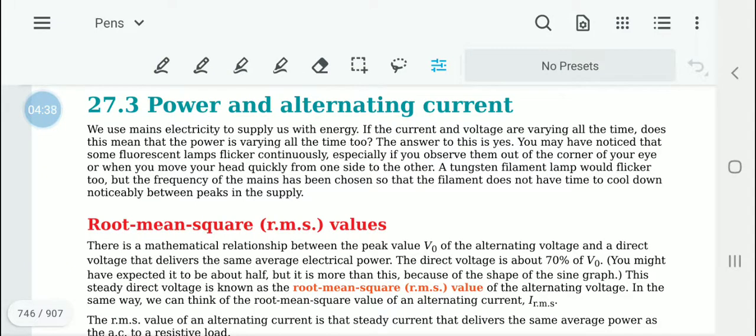When alternating current provides electricity, not only the current and voltage vary with time, but also power varies with time.